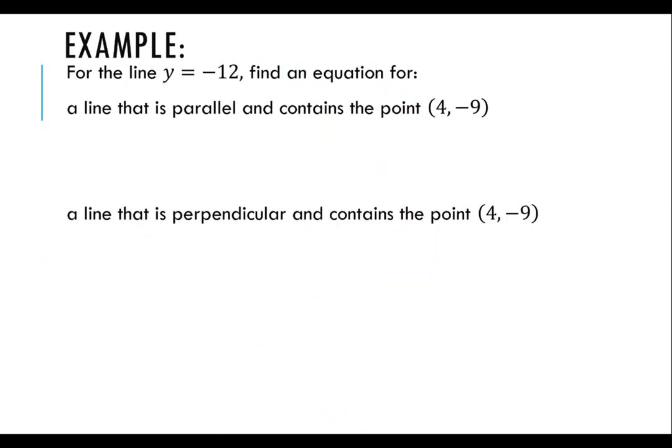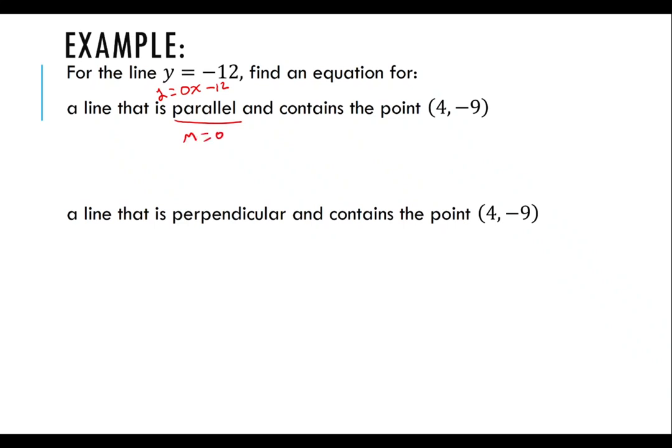For the line y equals negative 12, we need to find an equation for a line that is parallel and contains the point 4, negative 9. So what is our slope here? Well, this thing is technically in slope-intercept form. It's y is equal to 0 times x minus 12. The slope here is 0. So for parallel, our slope will be 0.